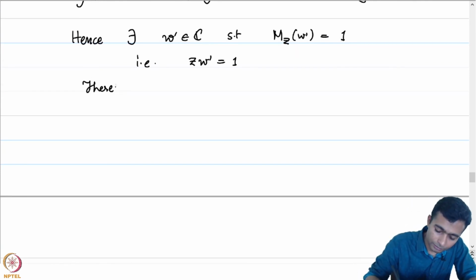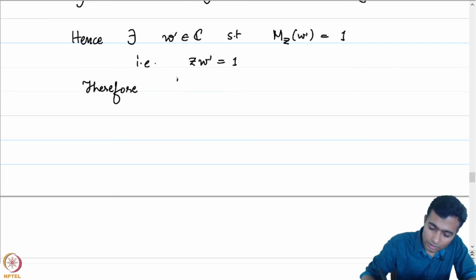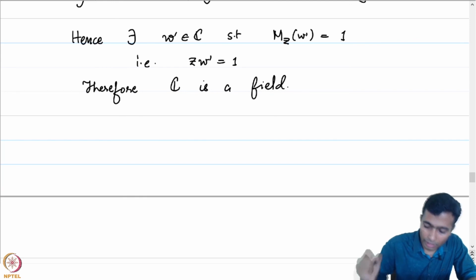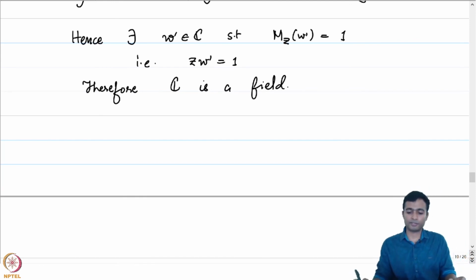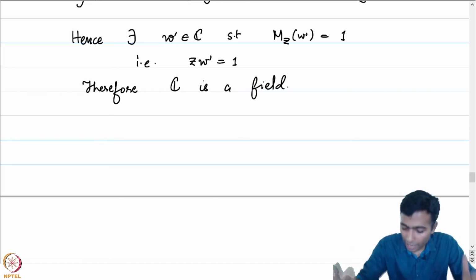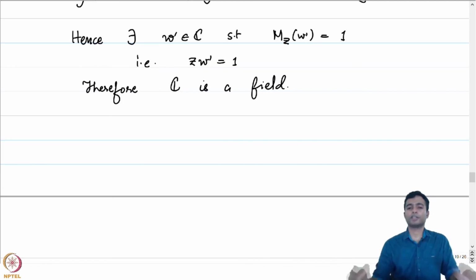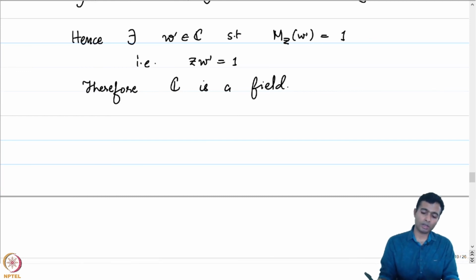Therefore, C is a field. So we have established every aspect of C being a field of complex numbers. Okay, so we now have one such field of complex numbers. We have answered one of the questions that arose from the definitions satisfactorily.